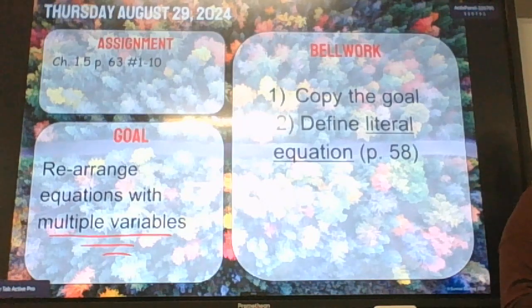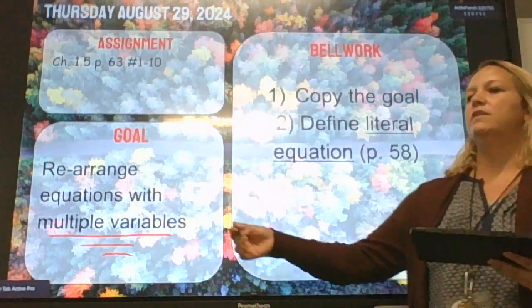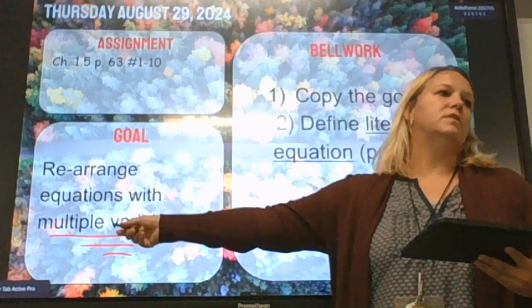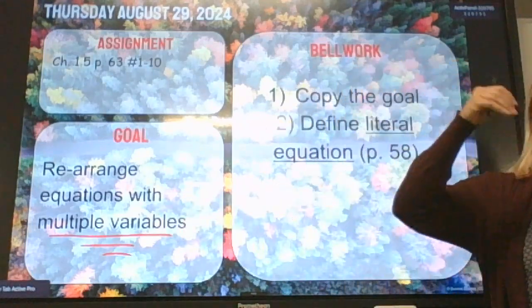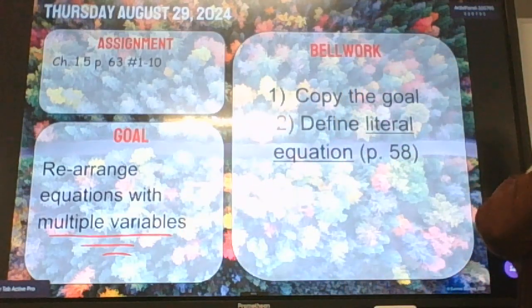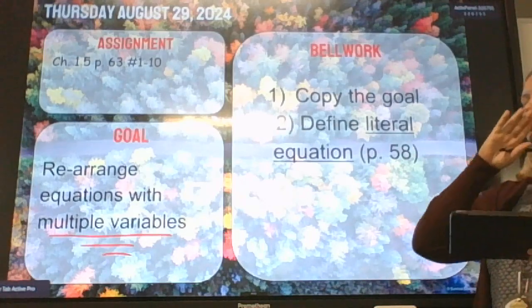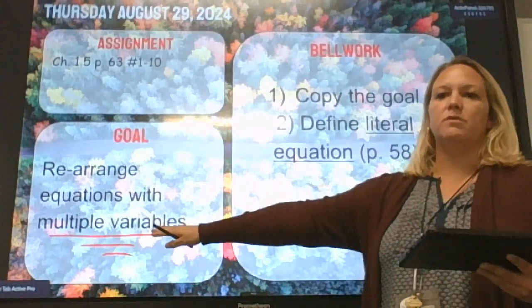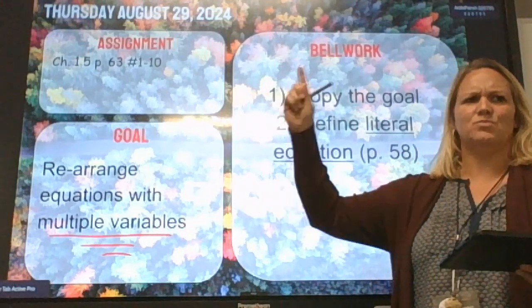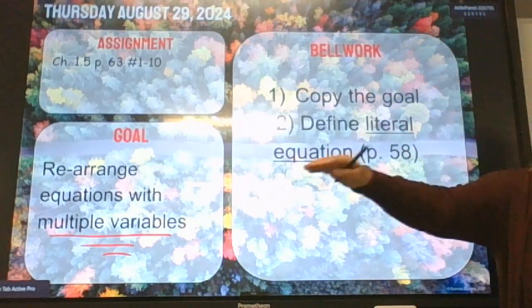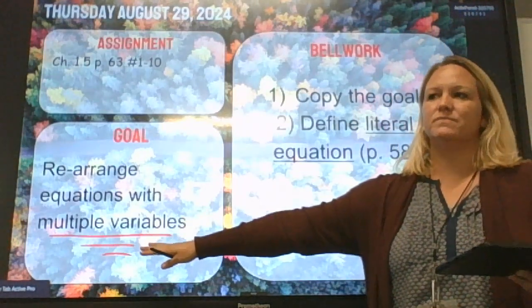You got maybe a little table next to your bed. You got your bed. And then every now and then you move it around. It makes you feel good and fresh, right? We're just moving things around. We're not even solving them today. That can be pretty difficult. All right, so our goal, rearrange equations with more than one letter. One letter is hard enough, but today we have more than one.